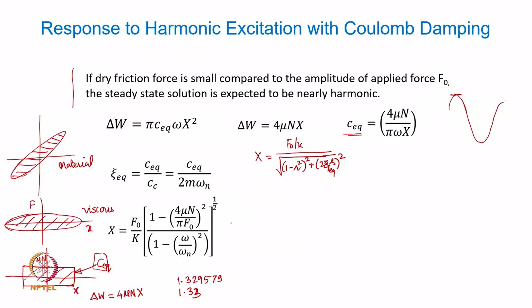The response amplitude will be now in terms of the coefficient of friction, and capital N of course is going to be the normal reaction, which in general depending upon the situation would be the weight of the mass. Okay. Right. So, this is the way we can take care of the Coulomb damping case by finding out an equivalent viscous damping factor.